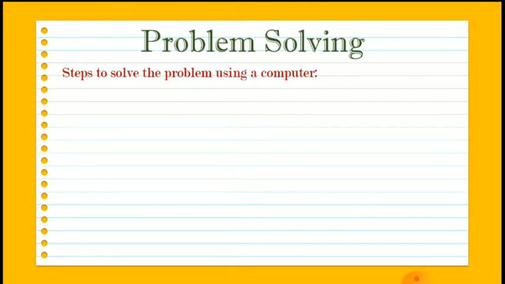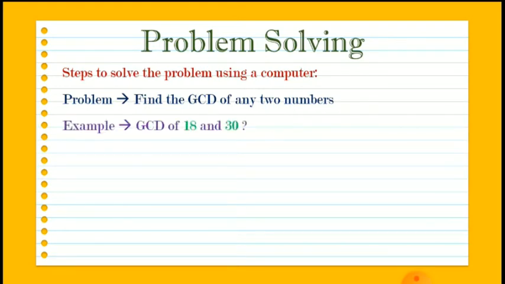Let's take the problem of solving GCD of two numbers. Suppose 18 and 30 are two numbers and you have to find the GCD of these numbers. So finding GCD of two numbers is your given problem.